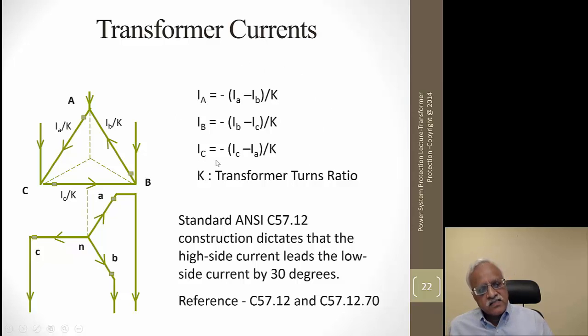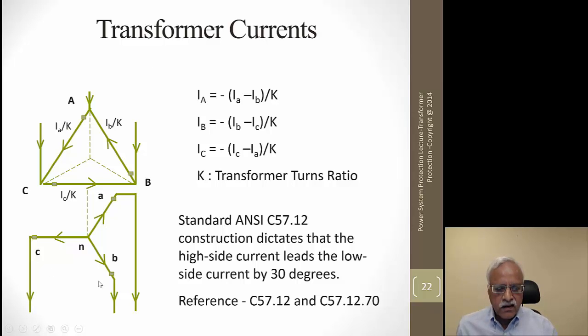And then as per ANSI, the standard transformer, the low voltage winding will always lag the high voltage winding by 30 degrees. It has been standardized in the United States by the American National Standards. Whereas in Europe, each country has its own rating. So the low side can be lagging the high side in the opposite direction. Instead of 30 degrees, it will be about 210 degrees.